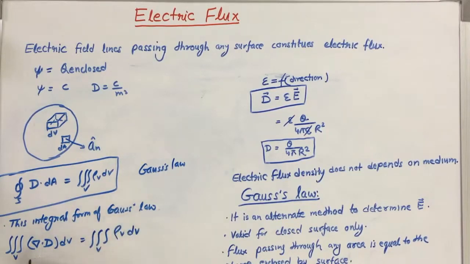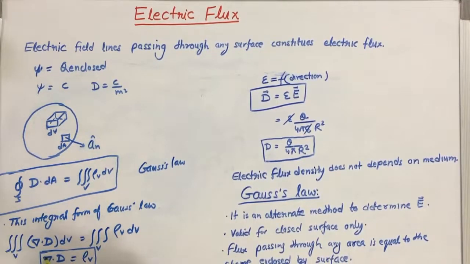This is according to the divergence theorem, and if we relate these two, then we find del dot D is equal to rho v. Here, due to the use of differentials, it is known as differential form of Gauss law. So this is integral form of Gauss law, this is differential form of Gauss law.